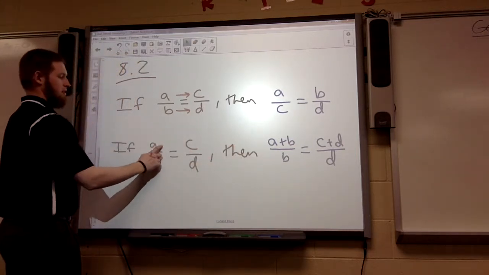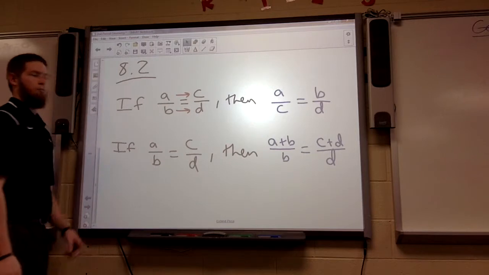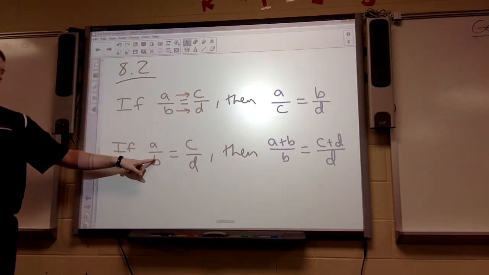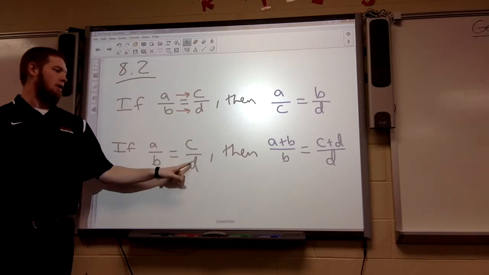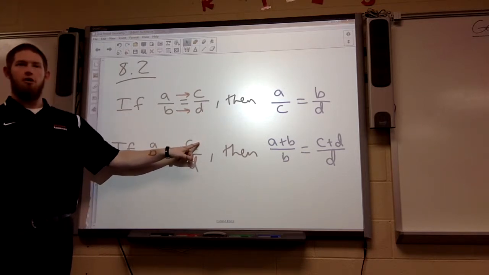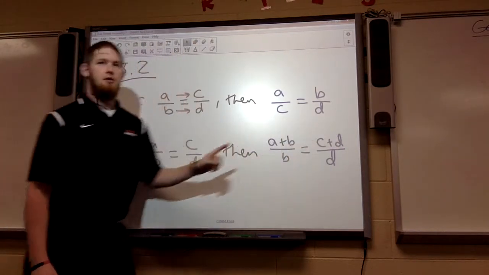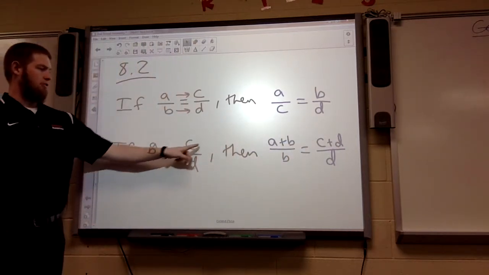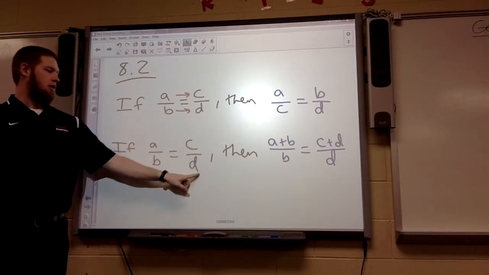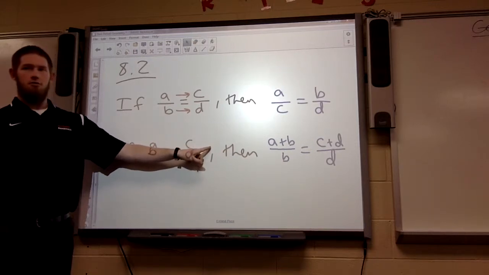Now I'm just moving this and adding it to the top. But if I add it to the top on the left ratio, what do I have to do over here? I have to move that D to the top over here. Now be careful. This does not say C plus B, so don't take this part and move it over here. It's got to be the denominator that's already with that ratio.